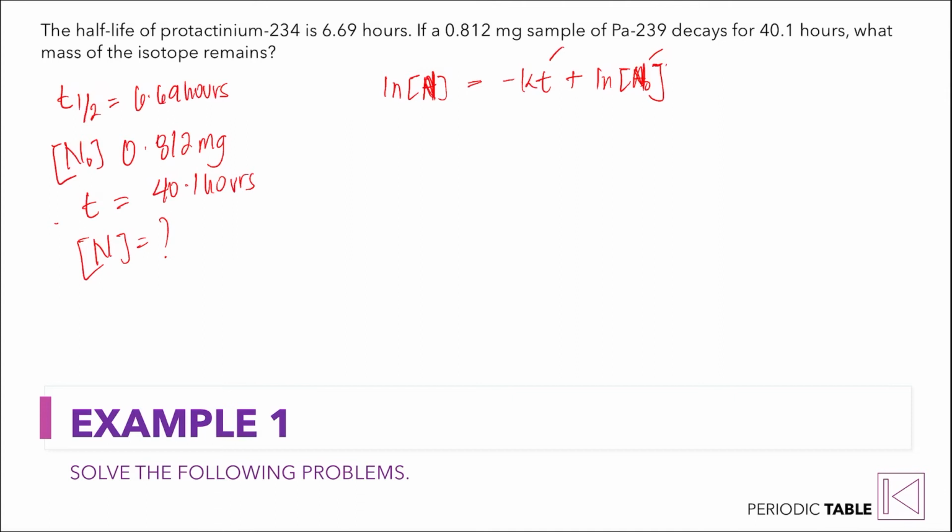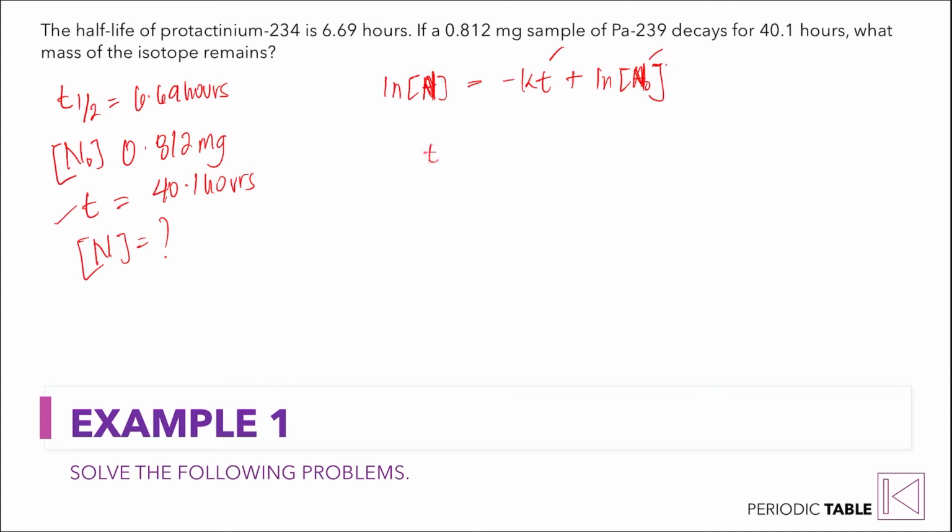So, wala tayong k. Hindi natin alam yung rate constant ng ating sample. But we can actually compute for the k using the T1 half. Remember yung formula na ginamit natin to get the T1 half, which is the T1 half is equal to ln2 over k.